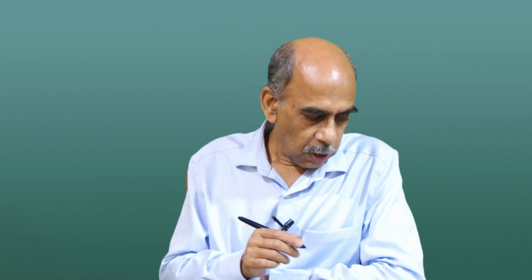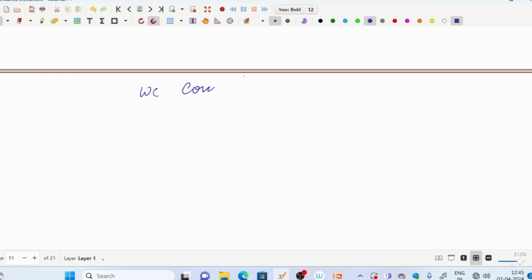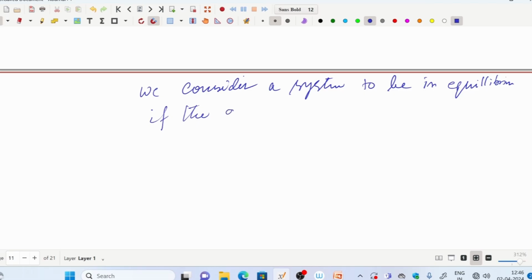When is a system in equilibrium? We consider a system to be in equilibrium if the generalized force on the system is 0.